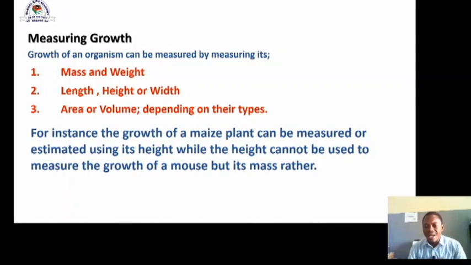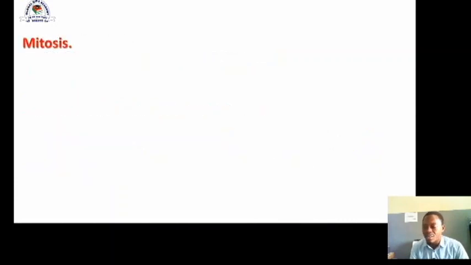So when we use the height of a maize plant to measure its growth, this same height cannot be used to measure or estimate the growth of a mouse. So we rather use the mass of the mouse to estimate its growth, depending on the organism.